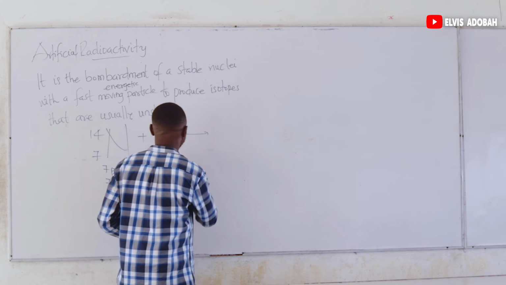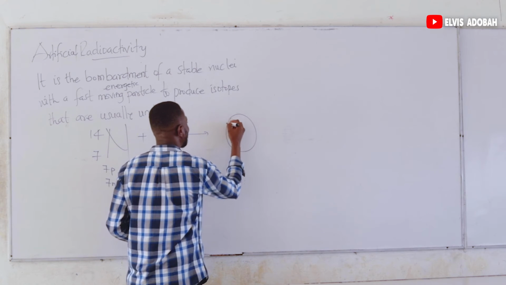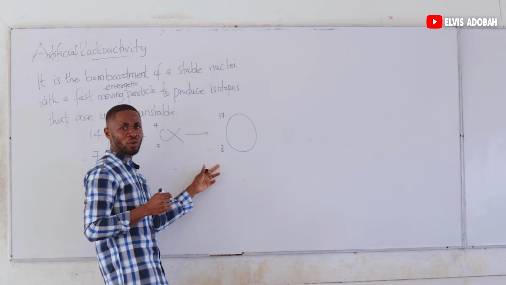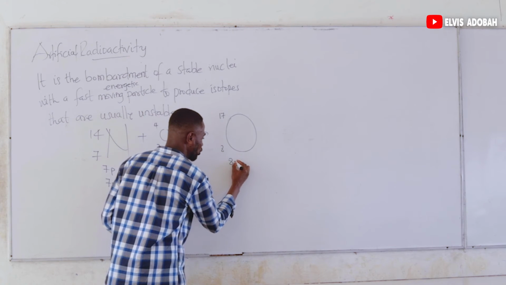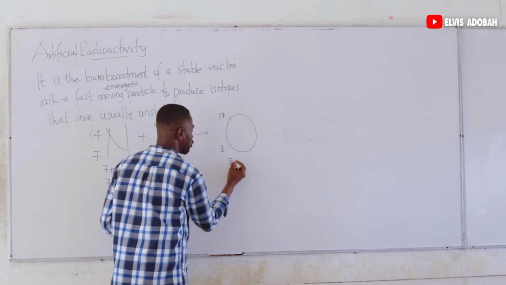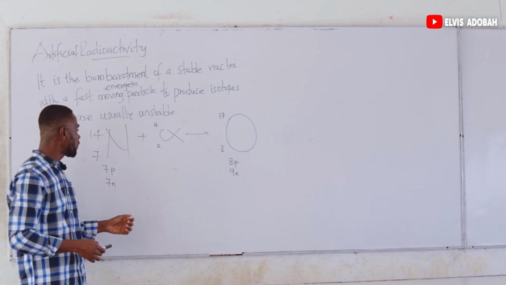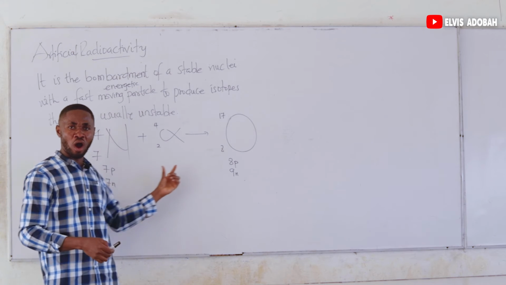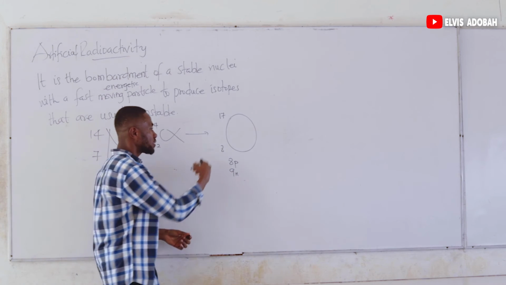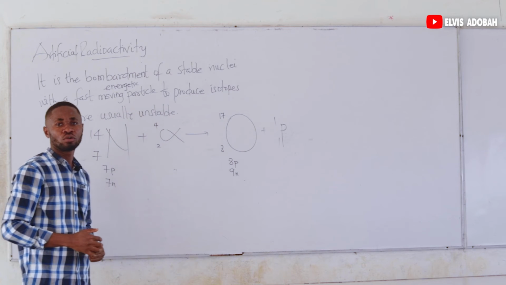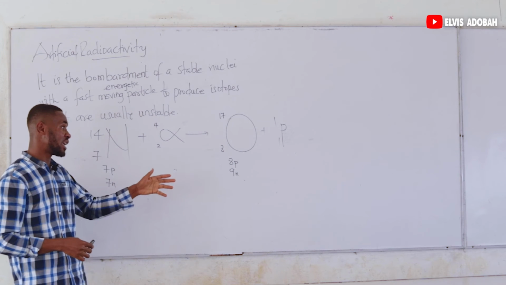Then we will form another isotope. This is an isotope of oxygen. It has 8 protons, and the number of neutrons is 9. Now we've moved from stable to unstable. Sometimes, as we said, another particle is also released as a result, in this case a proton.